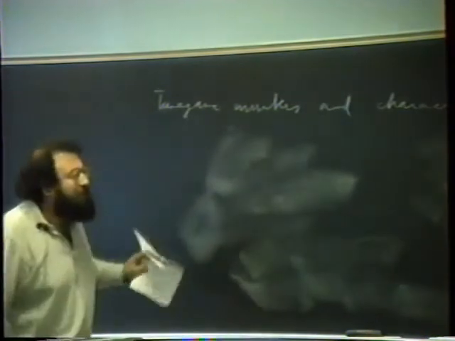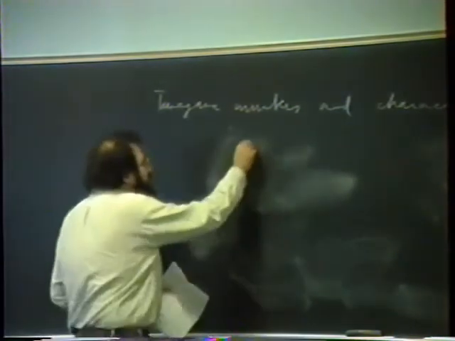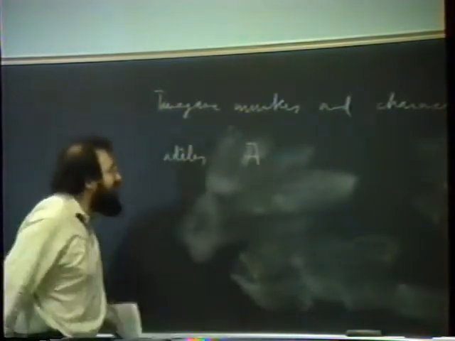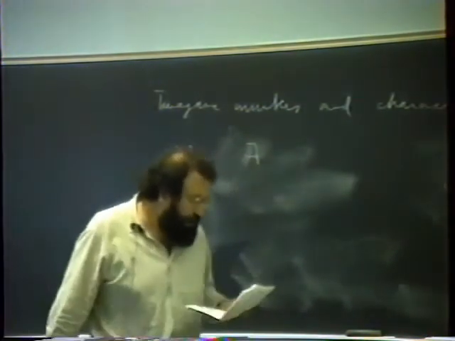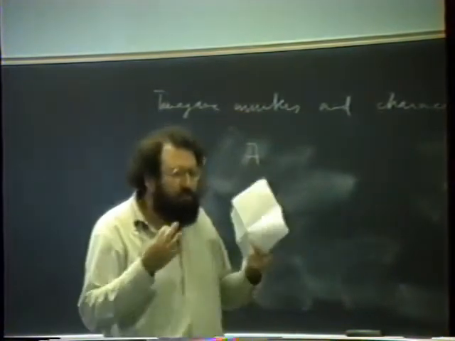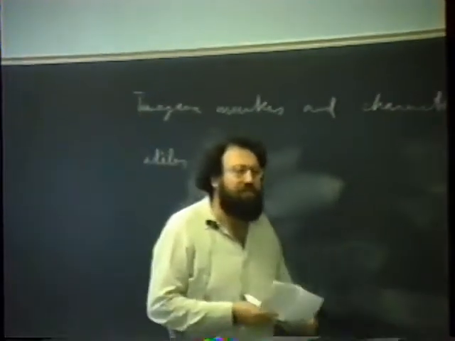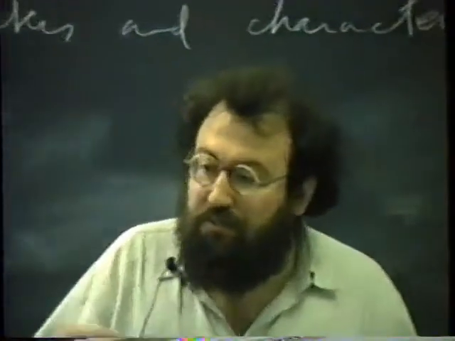But before I can say what he did, let me remind you of what the adeles are. And in order to do that, I need to ask you to bear in mind that there is this analogy between number fields and Riemann surfaces or algebraic curves.